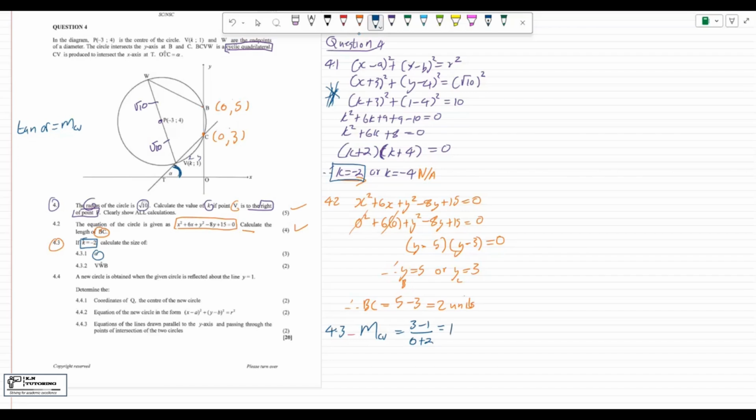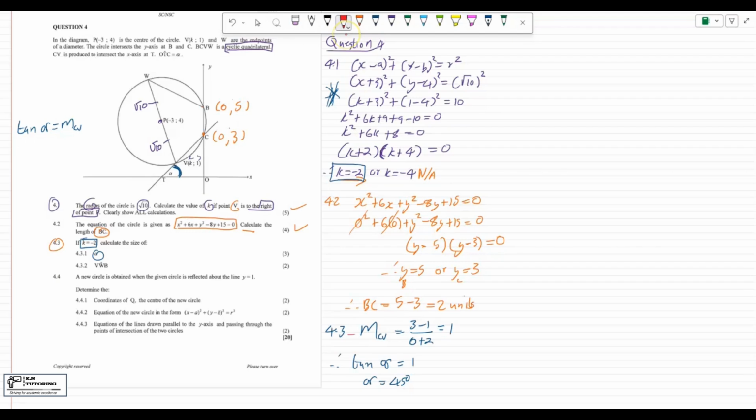So the gradient is 1. Therefore, tan of alpha is going to be 1, and we know that tan 45 degrees equals 1. So alpha is equal to 45. All right. Beautiful, beautiful, beautiful.